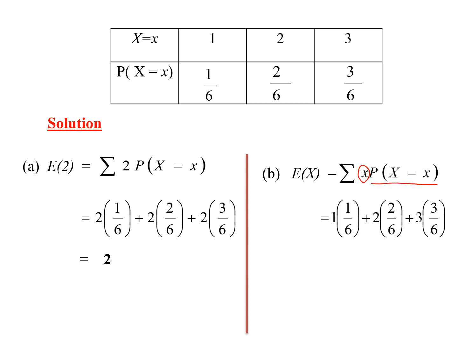So for x is 1, our probability is 1/6 for the first term, plus x equal to 2 times the probability 2/6, then x equals 3 times the probability 3/6. For the summation, we will get 7/3 as our answer for E(x). That also represents our mean.